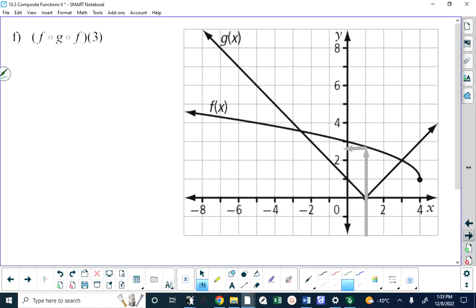Give you a second to work this one out. f of g of f of 3.